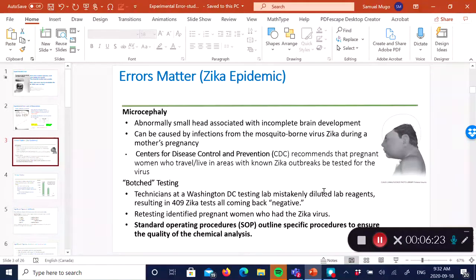And of course a lawsuit was launched because of that botched problem where analytical chemists or technicians are involved. So you see how big of an issue, the importance of the things we do in the lab, such as very clearly knowing the concentration of your standard solutions, what an impact it can be.